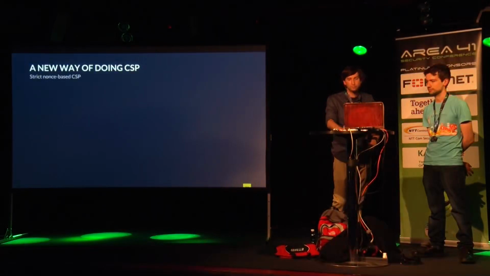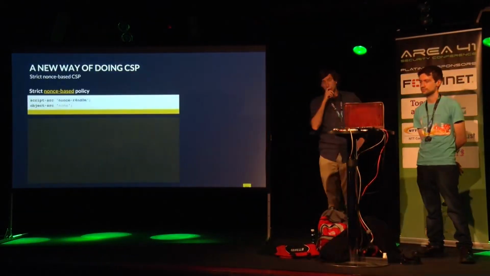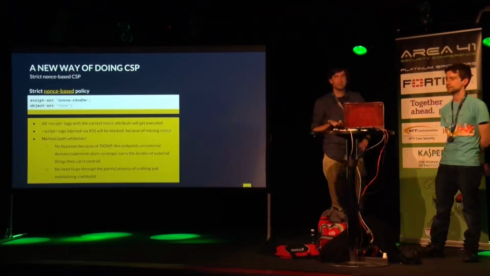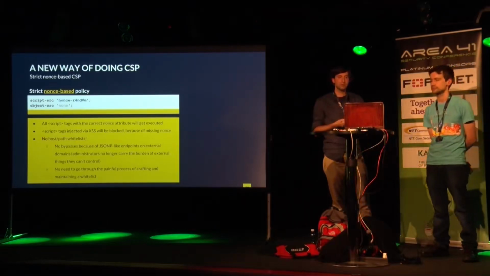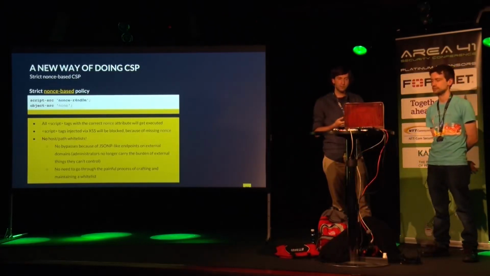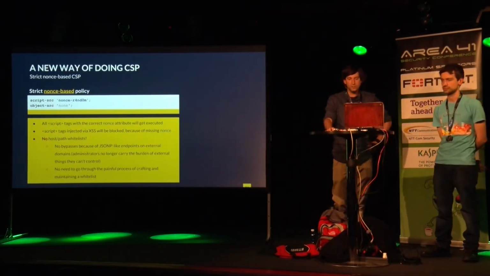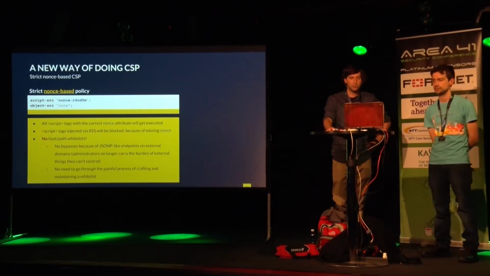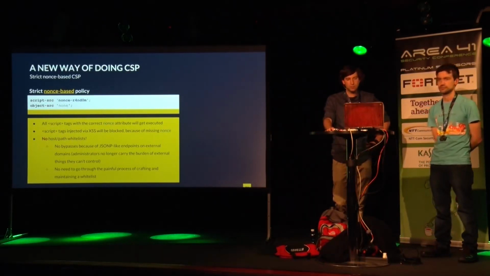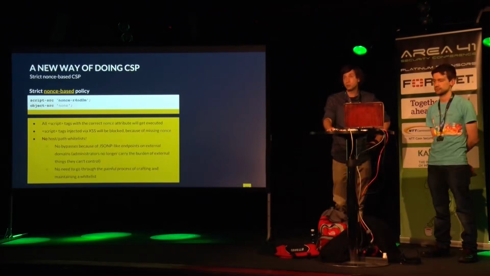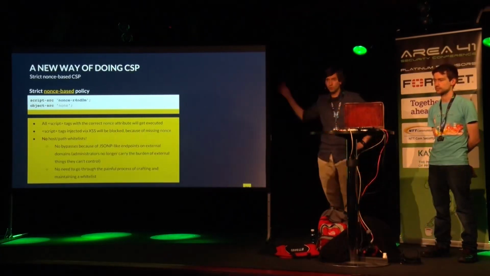Yeah, so the thing is, the current view of CSP is a bit broken, right? But we still think that basically the idea is awesome, and mitigating XSS is really a great goal, right? And we think CSP has potential to maybe solve that, but not in the way it's currently used. So as I said, most people use a whitelist-based approach, which is flawed for all the reasons we saw, right?